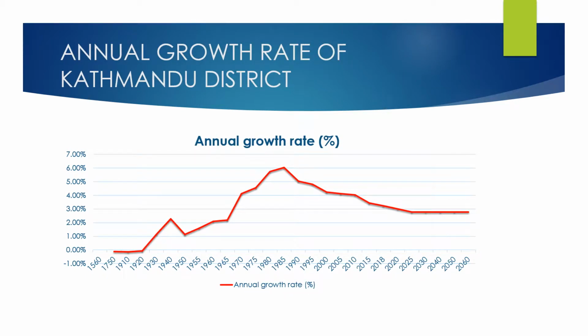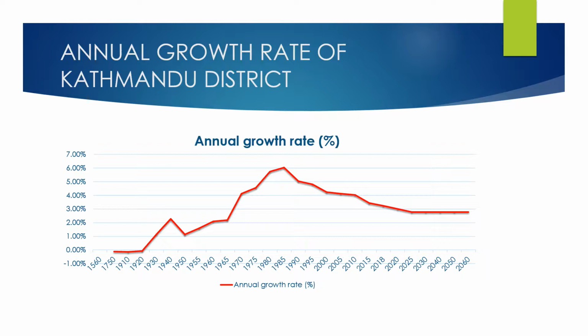In the graph of annual growth rate of Kathmandu district, we can see the red line from 1750 to 1920 in the same line, whereas from 1920 to 1940 it increased, where from 1940 to 1950 the annual growth rate of Kathmandu district decreased, and from 1950 to 1985 the annual growth rate increased continuously, whereas from 1985 to 2018 the annual growth rate of Kathmandu decreases.